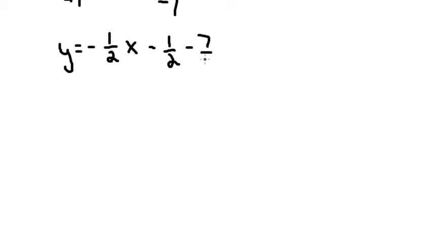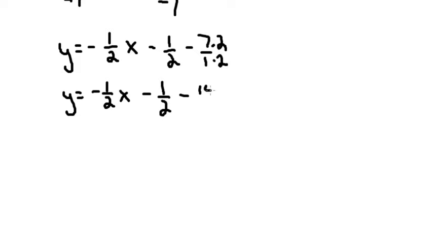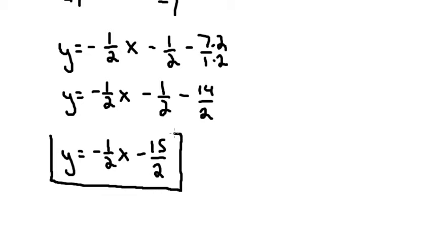The denominator of 7 is currently 1, so we multiply top and bottom by 2 to get y equals -1/2 x minus 1/2 minus 7 times 2 is 14, 1 times 2 is 2. Once we have common denominators, we combine the numerators. That gives us y is equal to -1/2 x minus 15, and the denominator stays the same, over 2. So this would be the equation of that line.